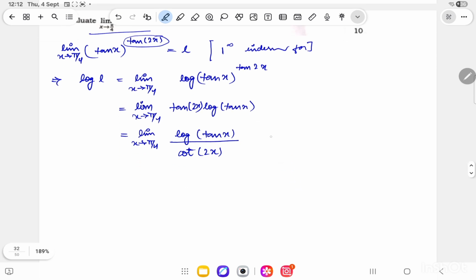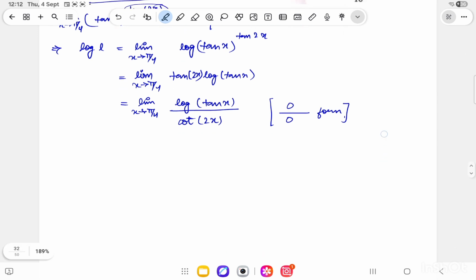So again, if I put x equals to pi by 4, I'll be getting log 1 as 0 divided by cot pi by 2, that is again 0. So I got 0 upon 0 form, which is an indeterminate form. So let's just simplify this equation.